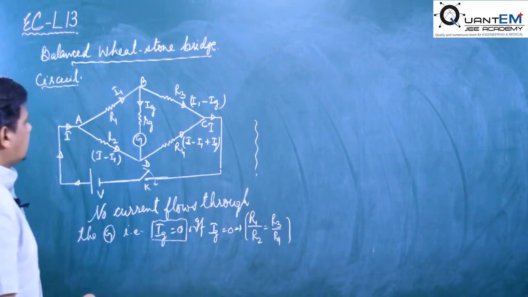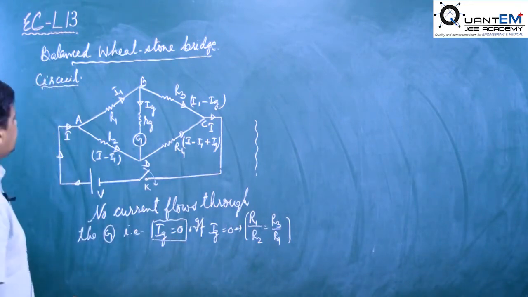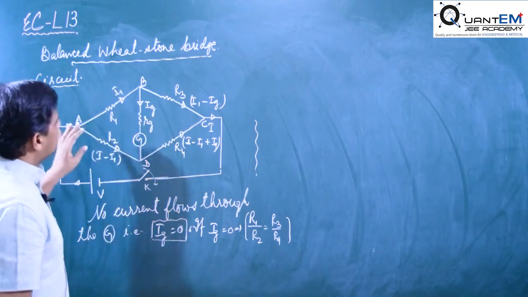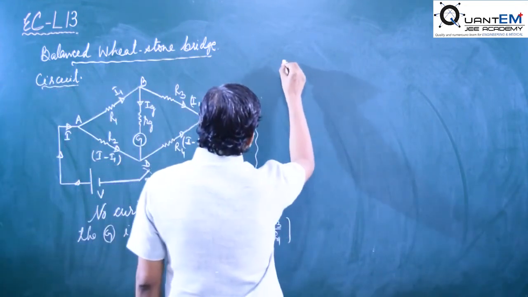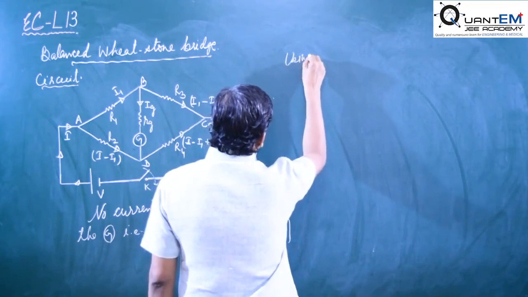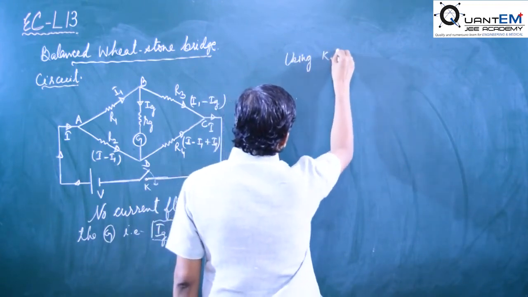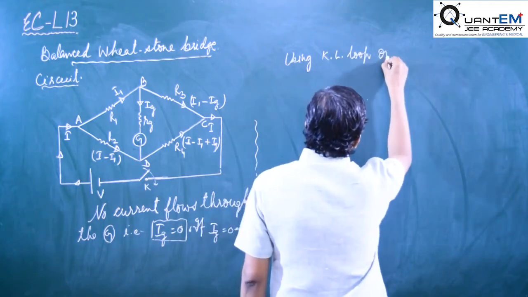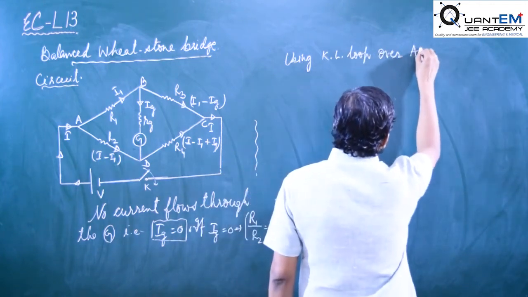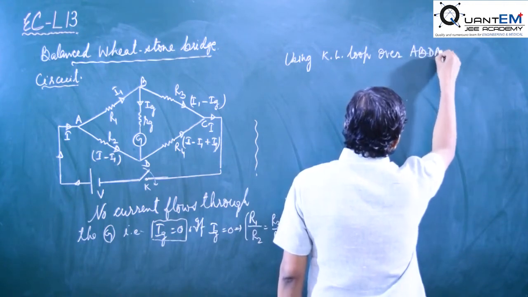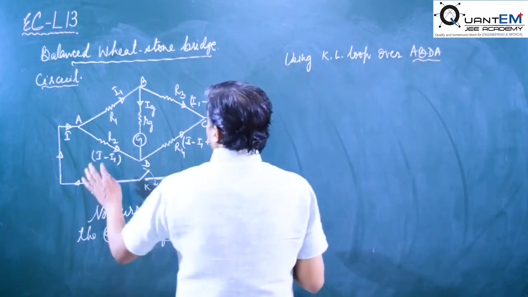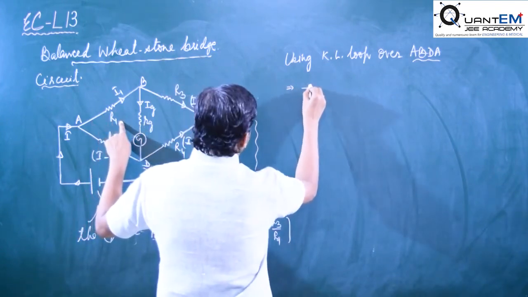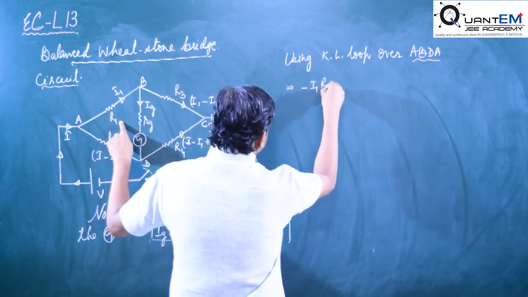Now we use Kirchhoff's loop law over the loop A, B, D and A. Starting from A, current and loop are in the same direction, that's why potential drop is negative, that is minus I1 R1.